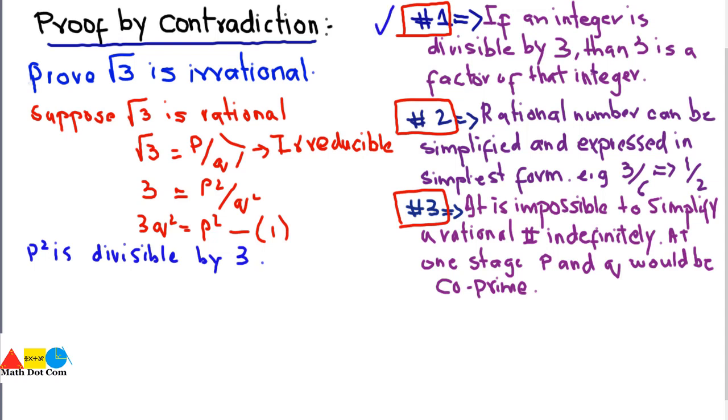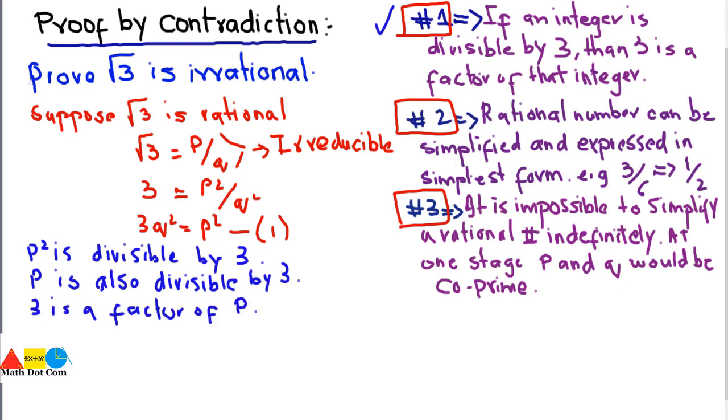So if p square is divisible by 3, then p is also divisible by 3. So as p is divisible by 3, according to our rule number 1, that if an integer is divisible by 3, then 3 is a factor of that integer, this implies that 3 is a factor of p, and we can write it as p is equal to 3k, k is any integer.